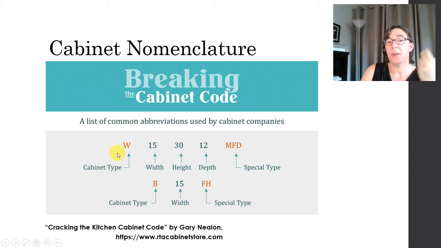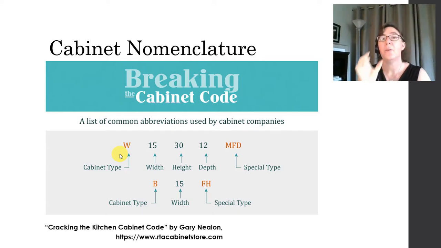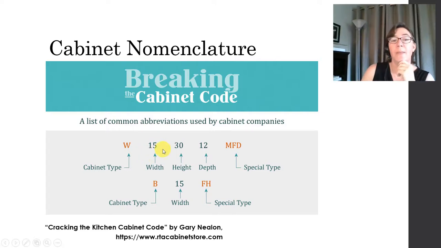The first letter or letters in your code is going to be your cabinet type, and in this example, it's W for wall. Next, you have groups of two numbers, and each of those is going to indicate a distance in inches. The first one is the width, then the height, then the depth.